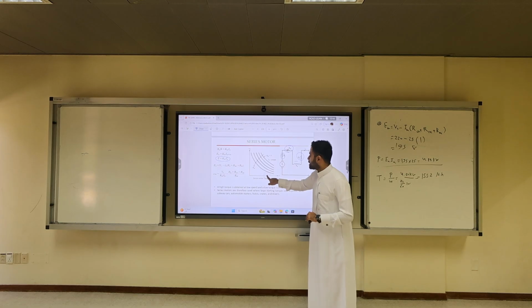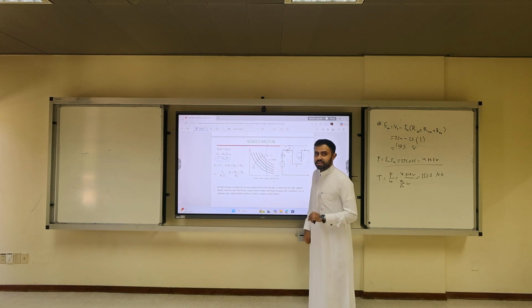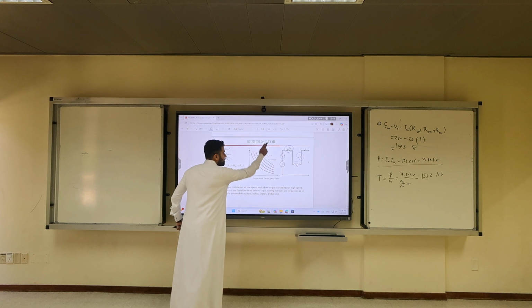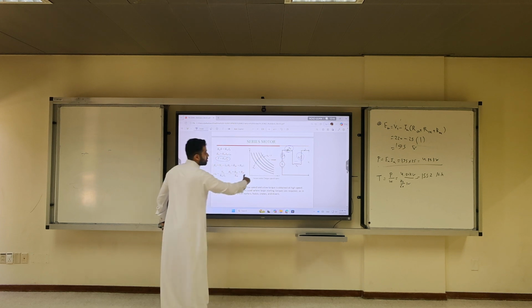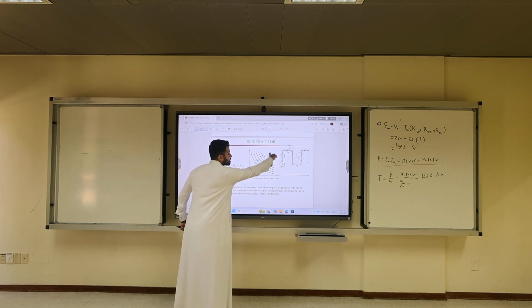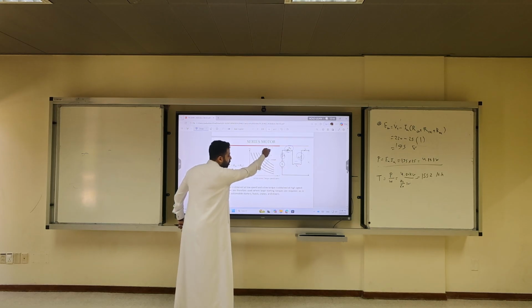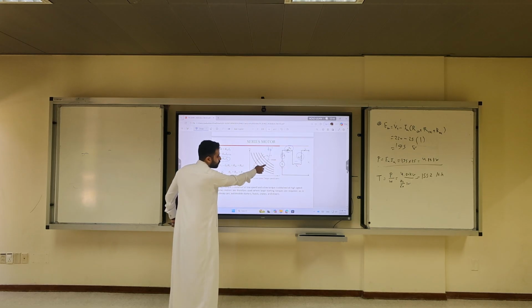However, is your torque constant or not? No, it's a fan. You agree with me? Because it's a fan, it's K omega squared. So we have to go across the trajectory. If we go from 300 to 200 RPM, we have to go from this point to this point.